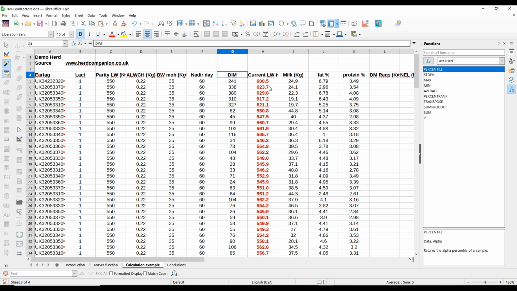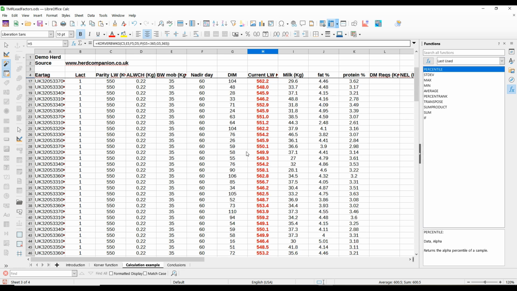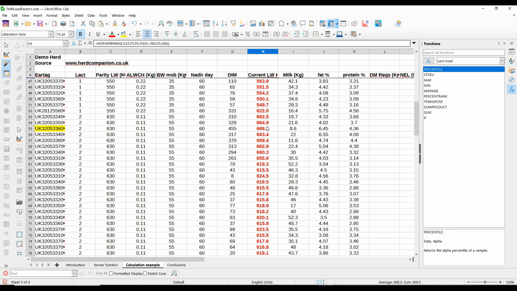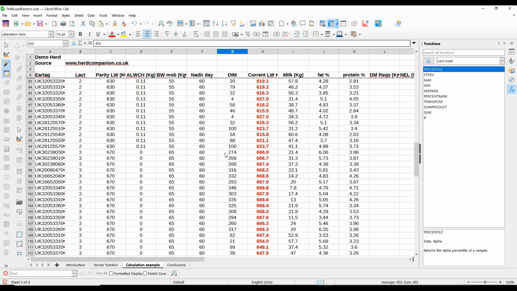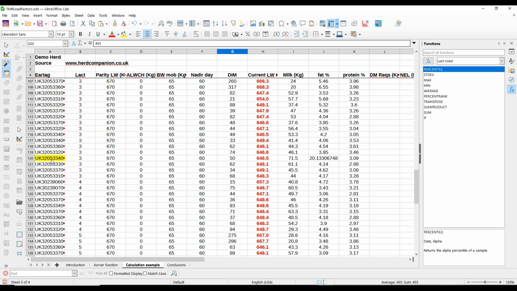Okay, the current live weight of the cow at the day of lactation was calculated with the cover function. If the day in milk is greater than 365, then 365 is used instead. There is a cow that actually this happens, that cow, and I also marked another cow, this one, because of its milk production.